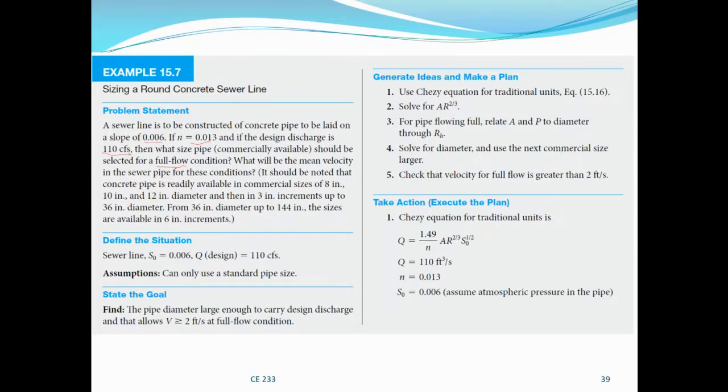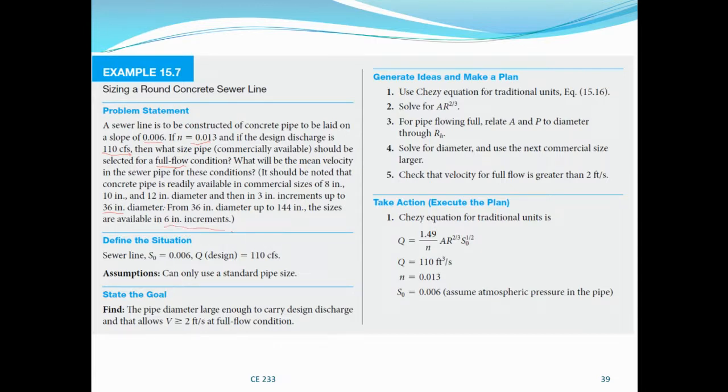It should be noted that concrete pipe is readily available in commercial sizes of 8-inch, 10-inch, and 12-inch diameter, and then in 3-inch increments up to 36-inch diameter. From 36-inch diameter up to 144-inch, the sizes are available in 6-inch increments.